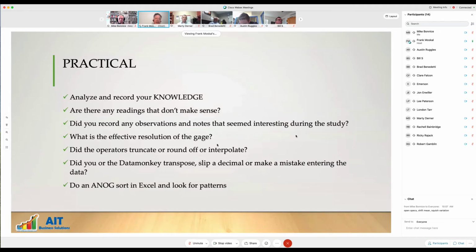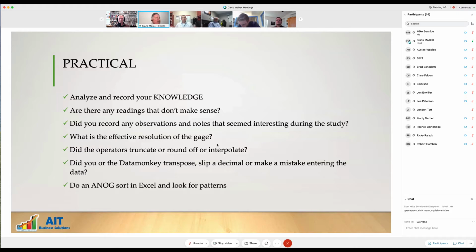And sometimes the person we assign as the data collector, the data monkey, as I say, may have entered the information wrong. And if you blindly go into the analysis in your statistical package, you're going to make mistakes just because of obvious issues that you would have found when you go through the practical analysis.